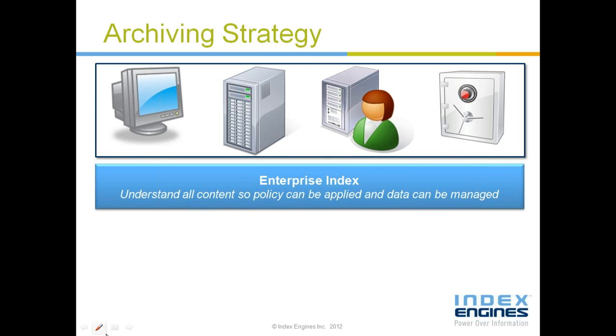So in terms of an archiving strategy, if you think about all the different environments, from the desktops all the way to legacy backup tapes that are sitting possibly in an offsite vault, an enterprise index could layer on top of these different environments, from desktops, servers, email, even backup tapes, to really understand the content so you can apply policy.